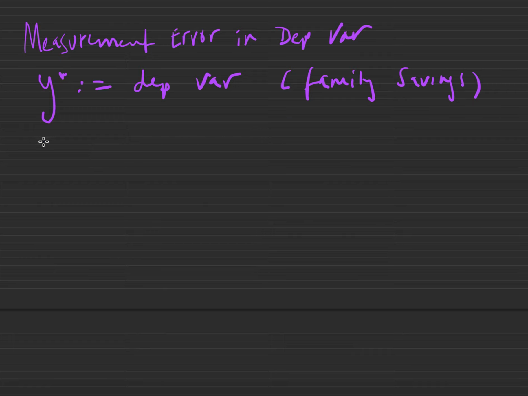And y is the observable variable, perhaps the self-reported amount of family savings.